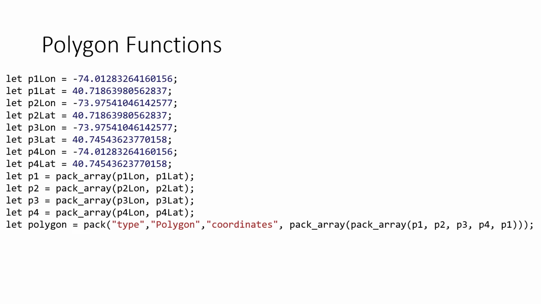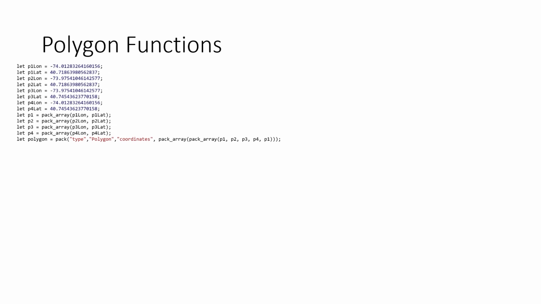But this code right here is how you can use KQL to create a polygon object. I'll just leave it here. I'll share these slides later on, but essentially that polygon variable down at the bottom here creates a polygon object with these 4 points. So it happens to be a 4-cornered object.